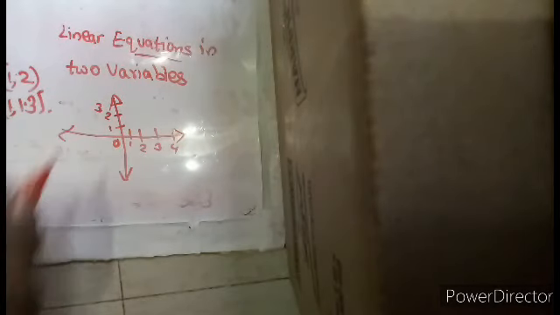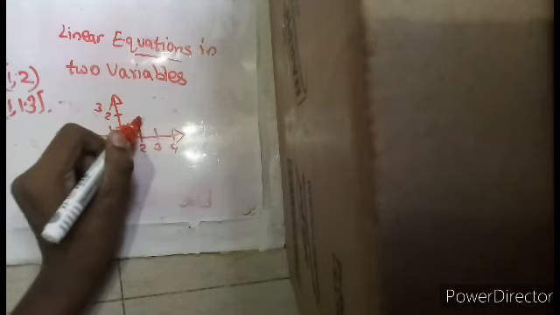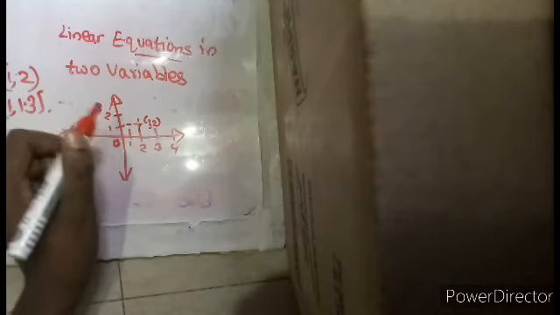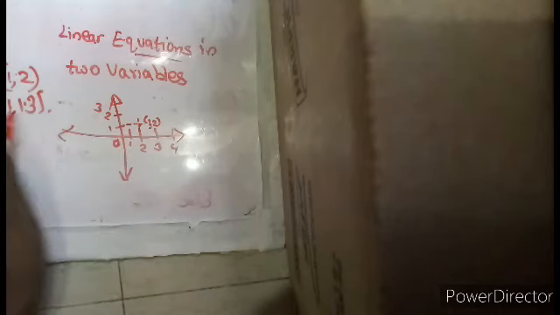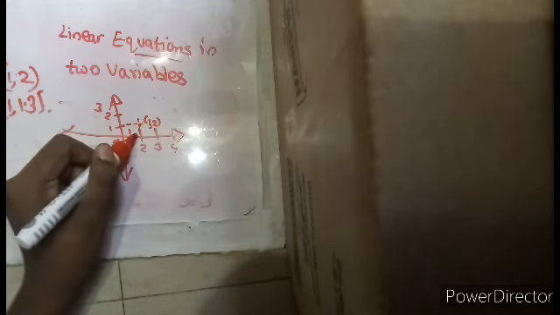When it's 1 and then 2, we mark here 1, 2. When we get 1.3, 1, we mark it here.